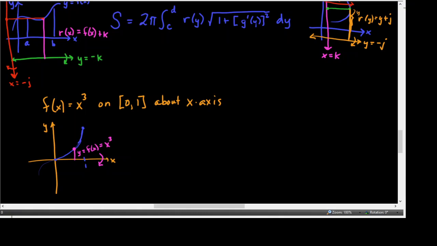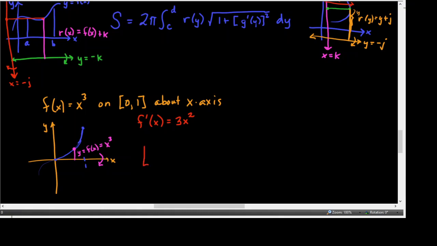That's our radius function, okay? Then, of course, for the continuation of our formula, it's going to be a lot like when we did the arc length. We're going to need to know that derivative function of f, so that's 3x squared.